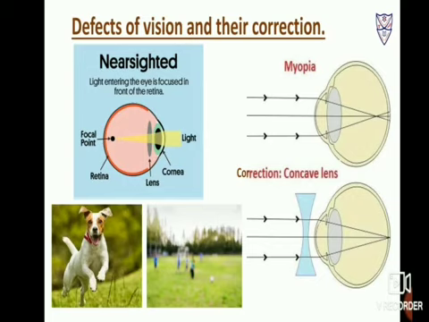In order to correct that, what does the person have to use? He has to use spectacles with a concave lens. When he uses the concave lens, the image will fall on the retina, not in front of the retina. So in order to correct it, he has to use a concave lens.